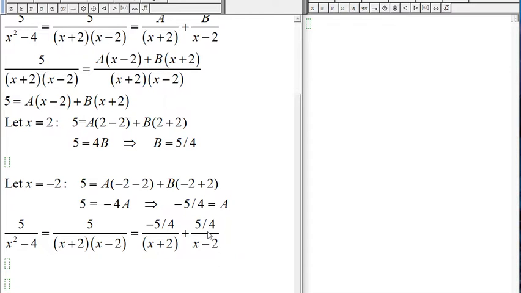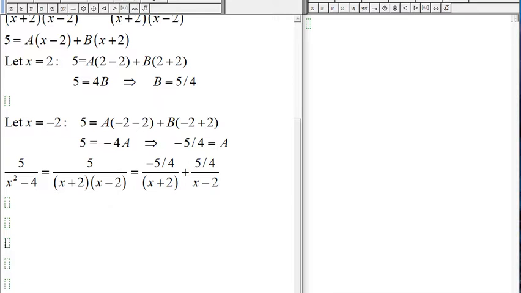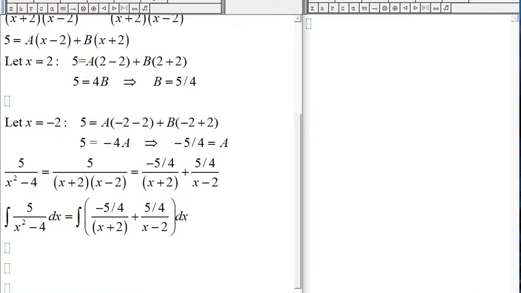And so if we add these two expressions together, then we get 5 dividing by x squared minus 4. And so the integral of 5 dividing by x squared minus 4 dx will be the integral of this, dx. And then we can separate these two parts right here.